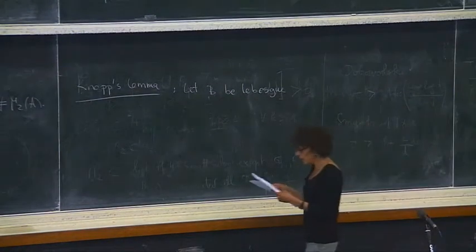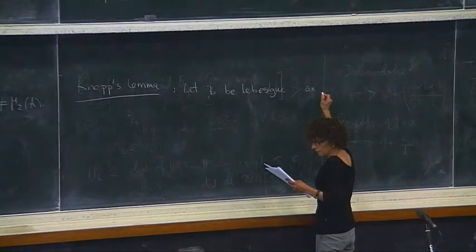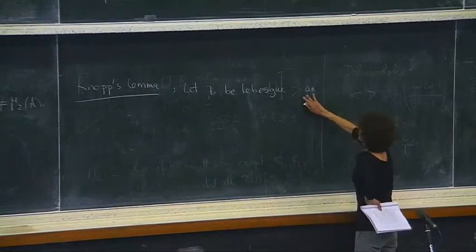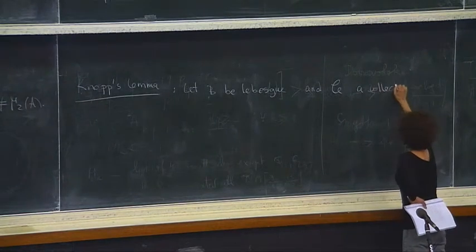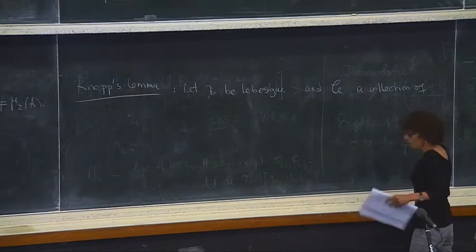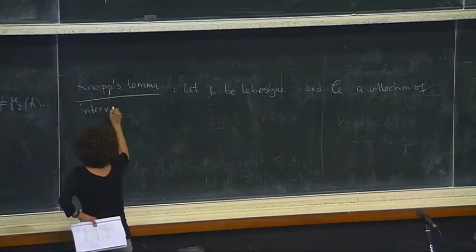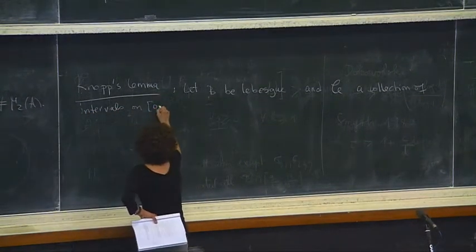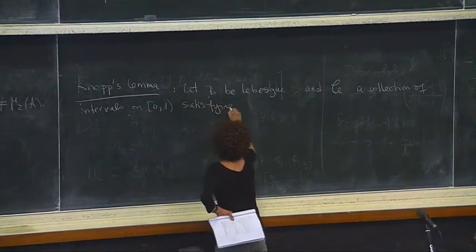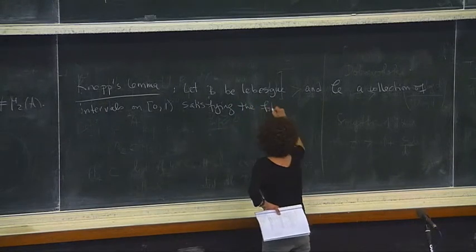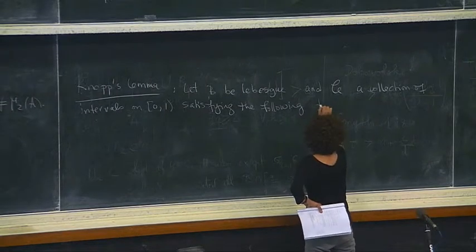So let B be a Lebesgue set, so no assumption. And let C be a collection of intervals satisfying the following two conditions.